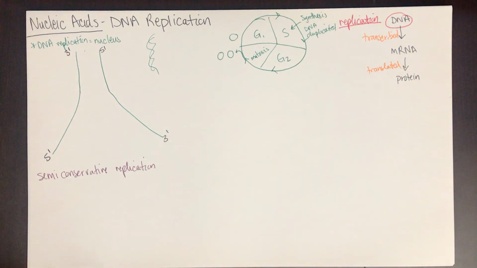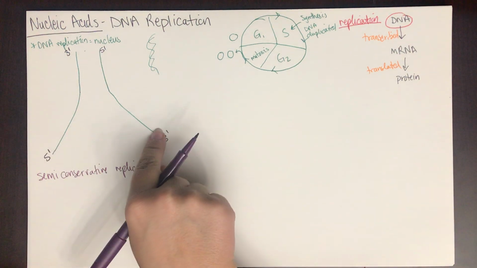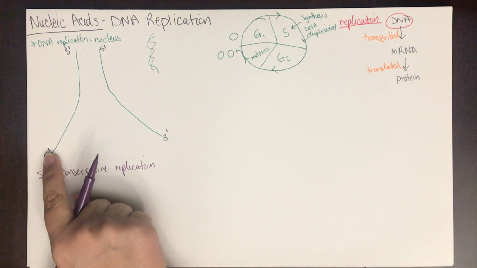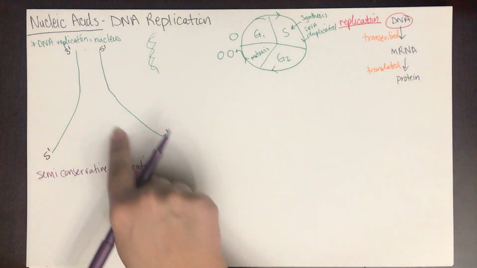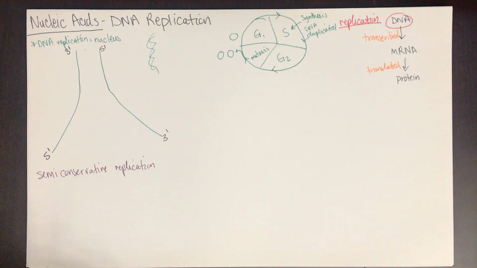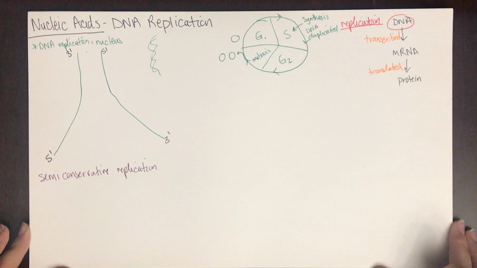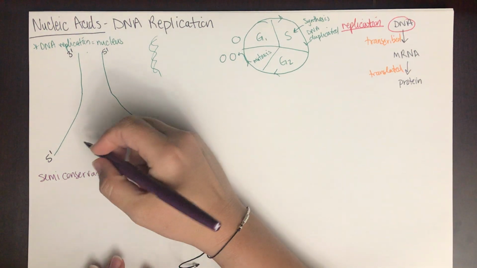Semi means half, which means when we get to the end of this, we have two new strands. Half of the new strand is the old, what we call parent strand. Half of the new strand is the new, what we call daughter strand. So new nucleotides can only be added to the 3' end of the growing strand. So we're going to see this a few different ways, but let's just do it this way first.